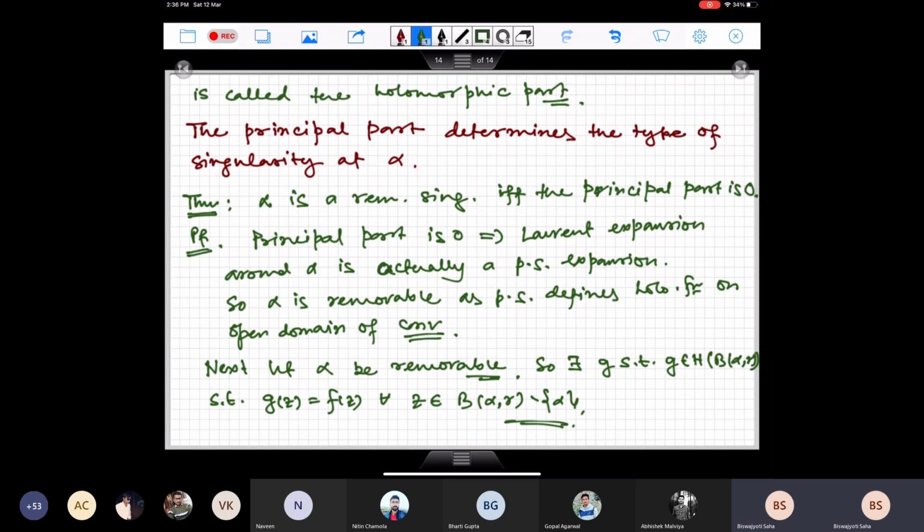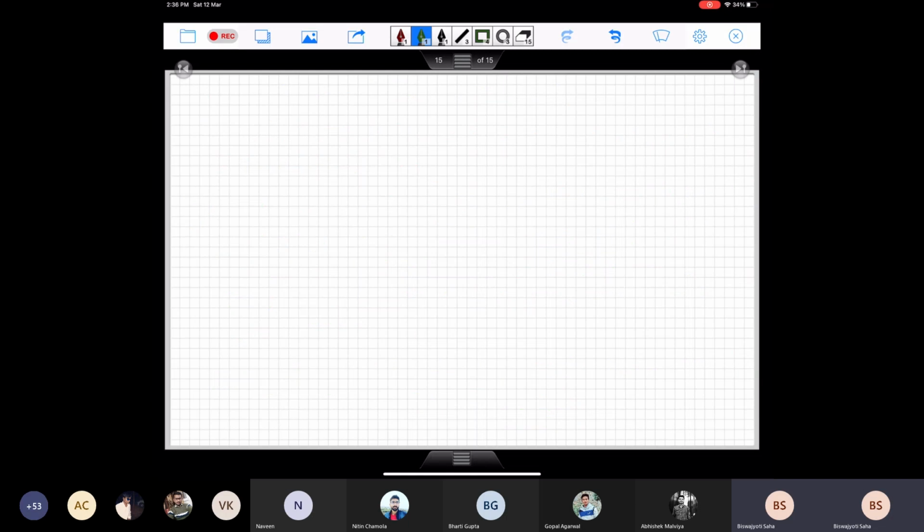Now let's write down the Laurent expansion of f, and then we will see how we can show that. Note that on B(alpha, r) minus alpha, f(z) is of the form sum over n in Z of a_n (z minus alpha) to the power n. And if you remember, what was my a_n?